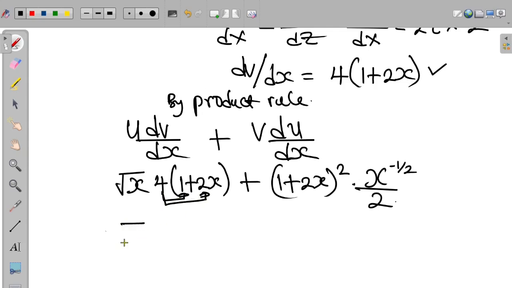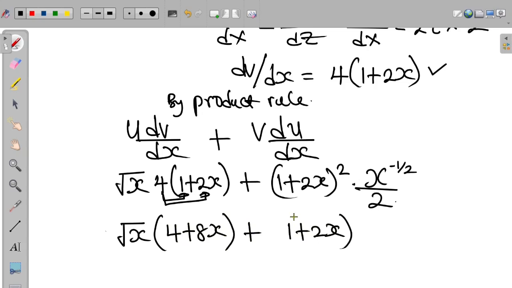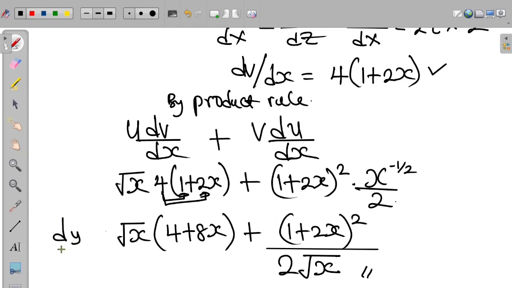So we have root x multiplied by (4 plus 8x), plus (1 plus 2x) to the power of 2 divided by 2 multiplied by root x. So at this point, we have been able to obtain the derivative of the function given to us.